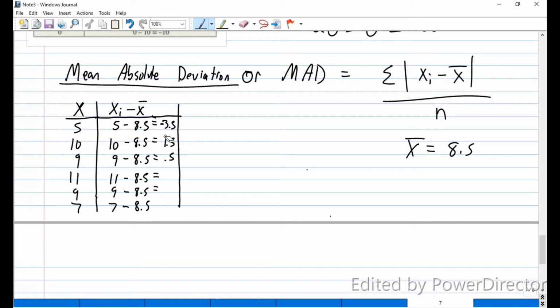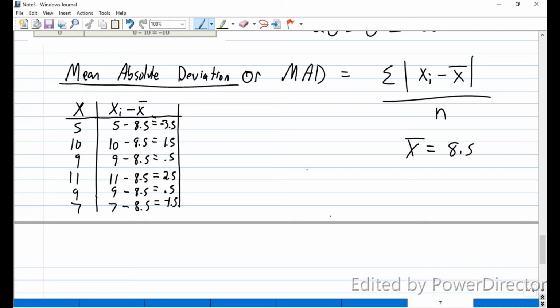What is the next one? 2.5. What's this one? 0.5, and what's this one? Negative 1.5. All right, so we know if we add all those up, we get 0.